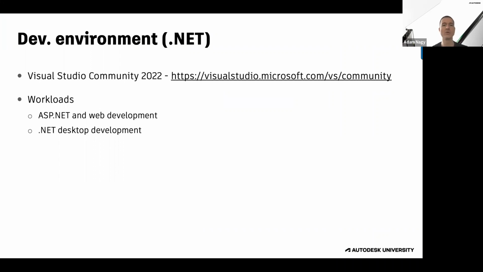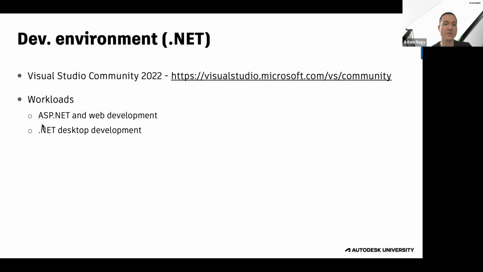And then the developer environment for today and tomorrow will be Visual Studio Community 2022. This is the latest version of Visual Studio, so we thought we might as well use that for these tutorials. So you can simply go to this address and download it. And when you're installing Visual Studio, just make sure you have these two components selected.